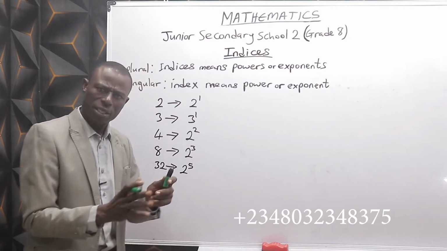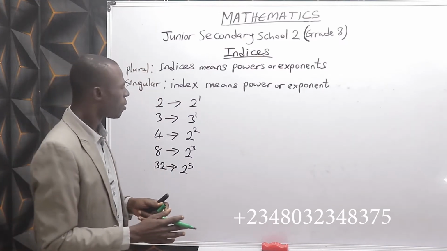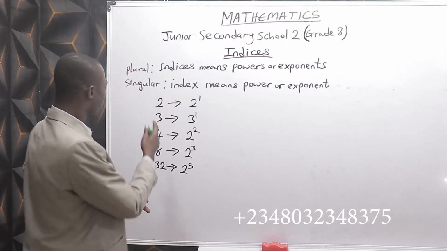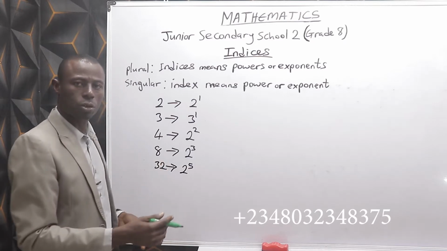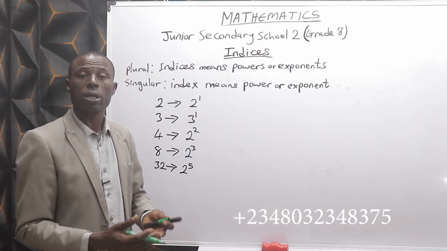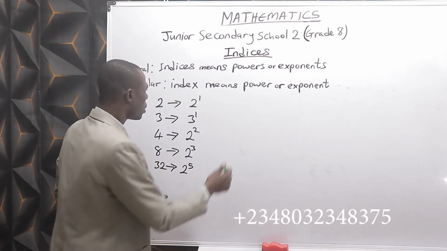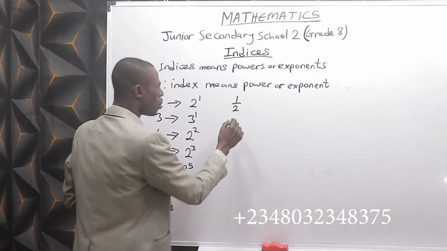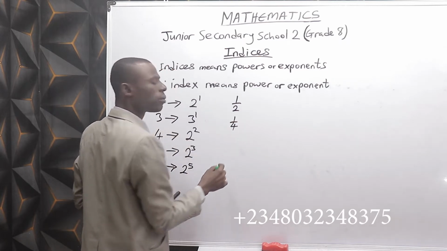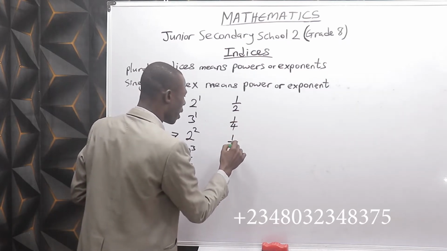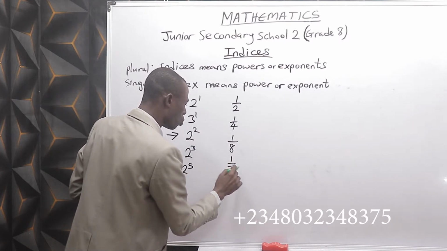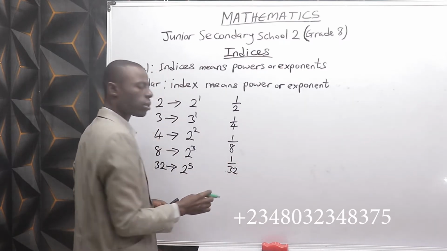But in indices, we deal not only with whole numbers, like 2, 3, 4, 8, 32, we can also deal with fractions, where we have 1 over 2, 1 over 4, 1 over 8, 1 over 32, and so forth.